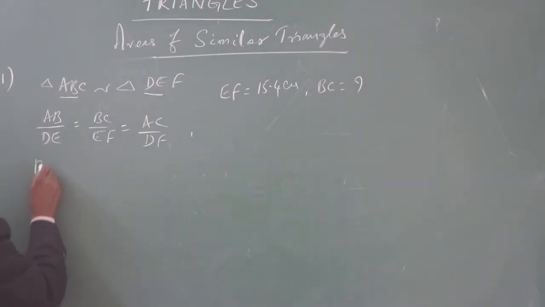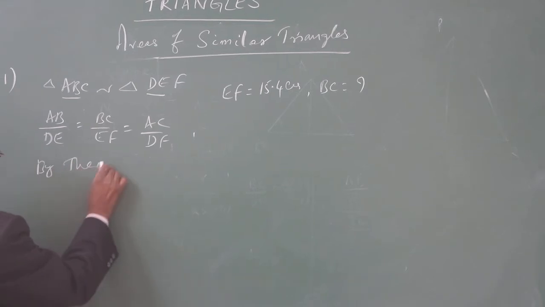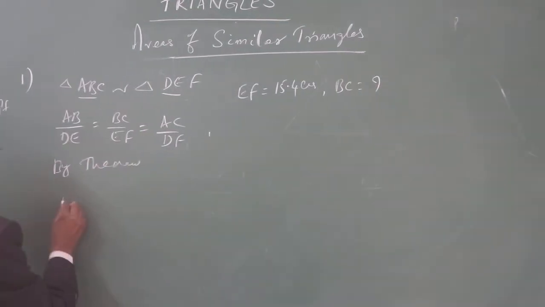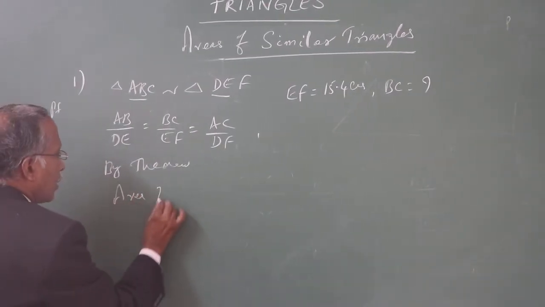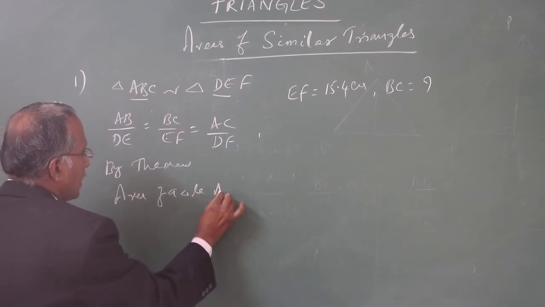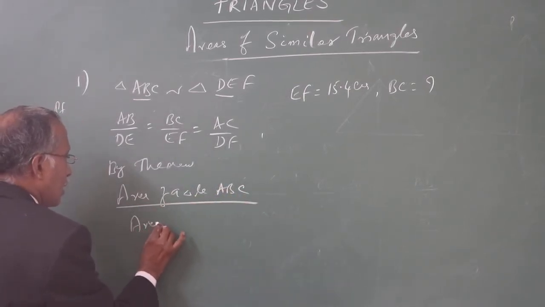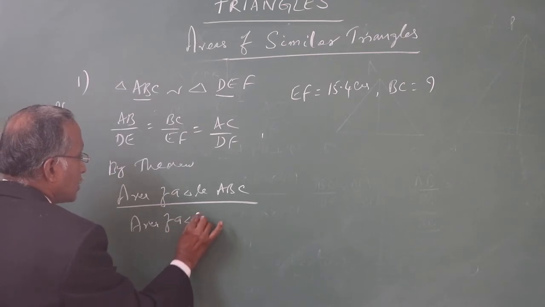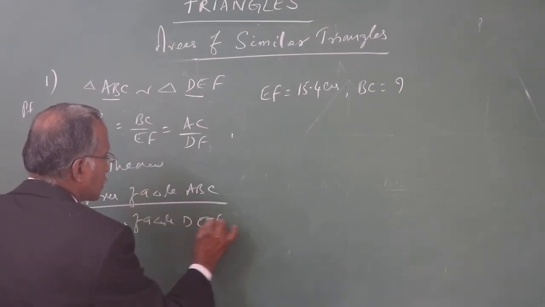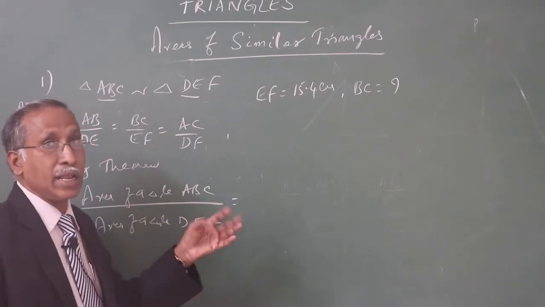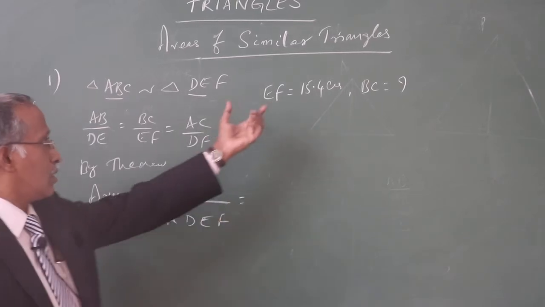So by the theorem, area of triangle ABC by area of triangle DEF is equal to the ratio of the squares of the corresponding sides. We choose the pair of corresponding sides they have given.